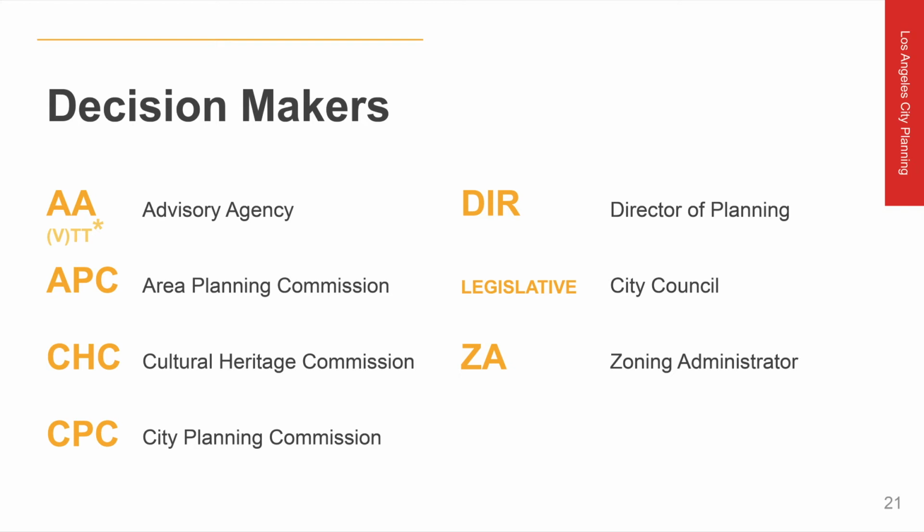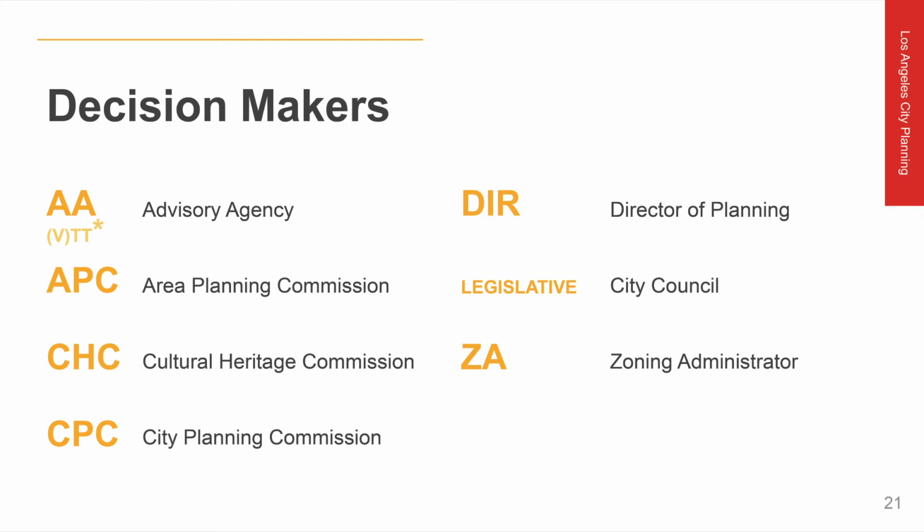CHC, the Cultural Heritage Commission, is also composed of city residents who are appointed by the mayor. Members of the CHC consider nominations for historic cultural monument designation and projects related to local landmarks and historically designated neighborhoods.